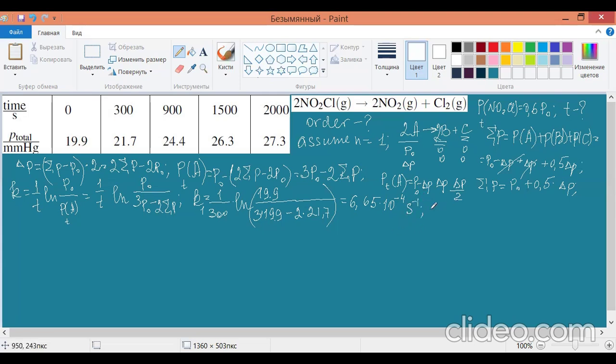Okay, let's do the same for k sub 2, which is 1 over 900, with the pressure of the system equal to 24.4 at this time.